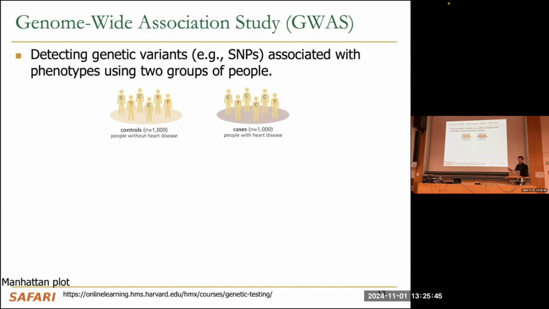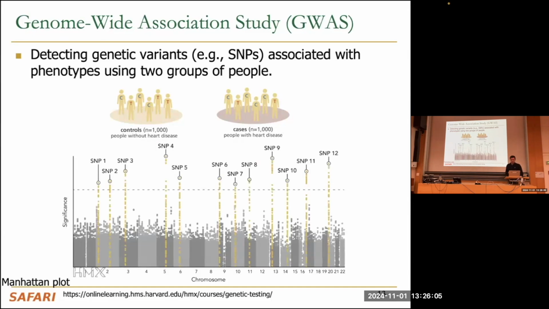And this is usually referred to as a genome-wide association study. So usually you have a control group, and your cases with a certain symptom, maybe people with heart disease.